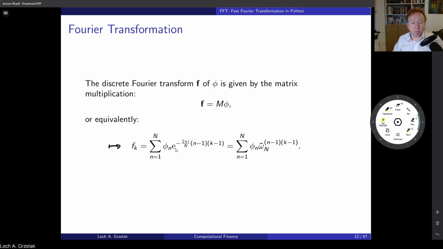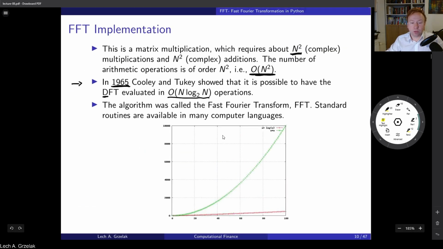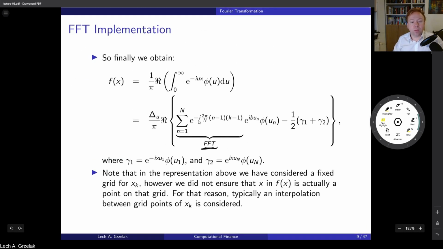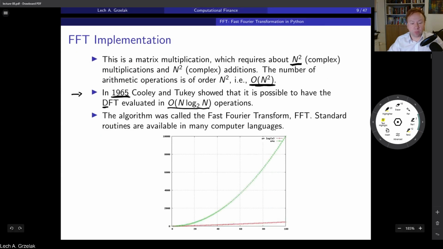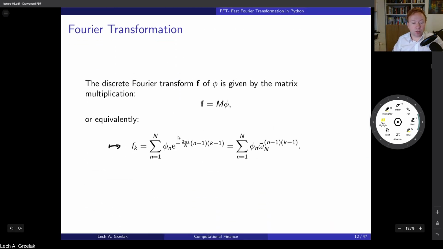So we have e to the minus 2 pi i (n minus 1)(k minus 1), and this corresponds to our term here. Then we have some function, right? This is the function that we would like to use in our computation using fast Fourier transformation. You can call it phi n.